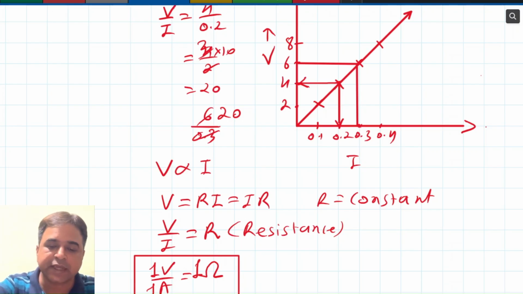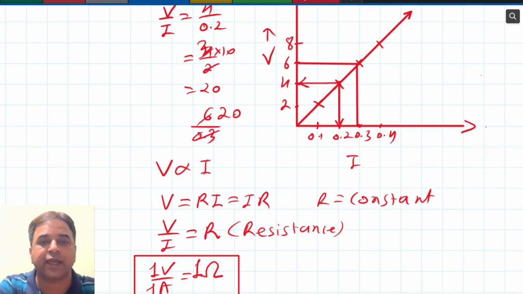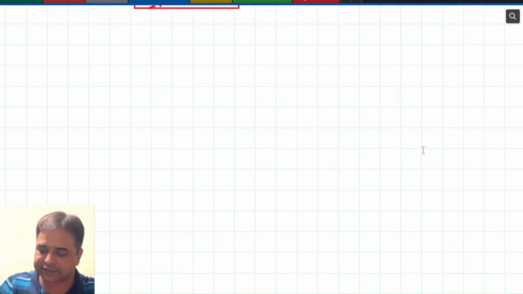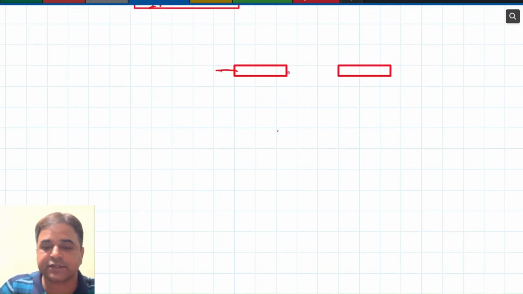Okay, children, after this, now we will be learning about how different types of electric circuits are there. First we can see series circuit and parallel circuit. In this, if you have series circuit, resistor, this is the symbol of resistance. This is another one.